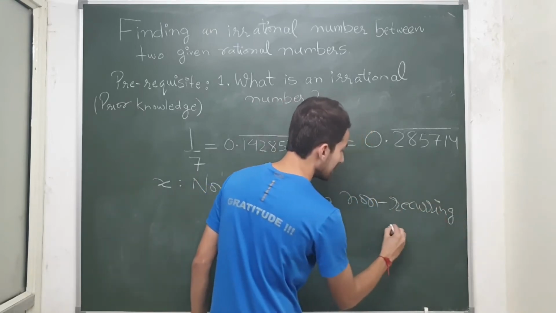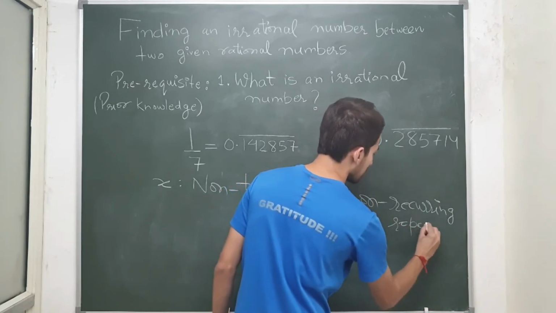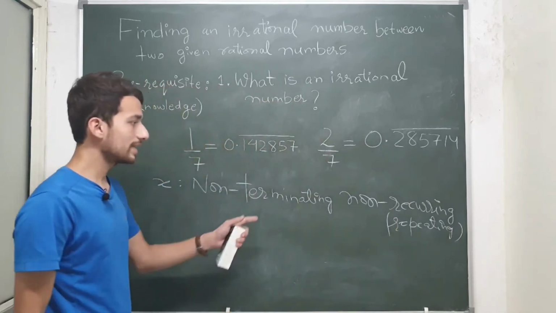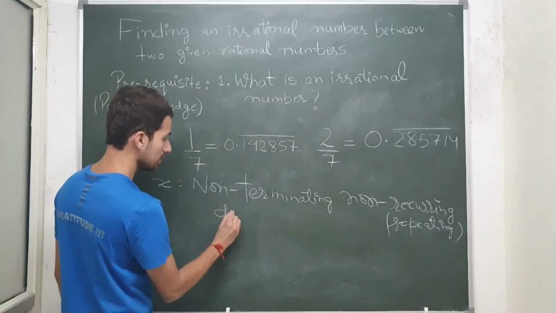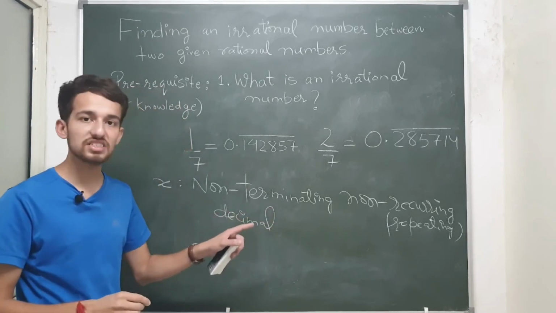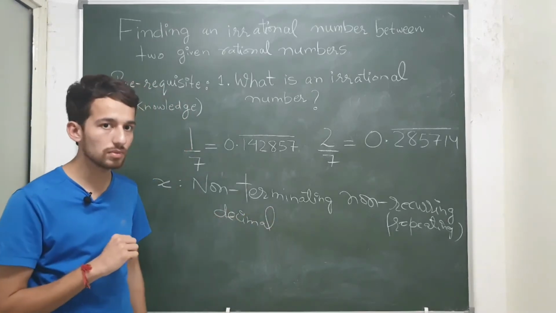Recurring means repeating. Non-terminating, non-recurring decimal.